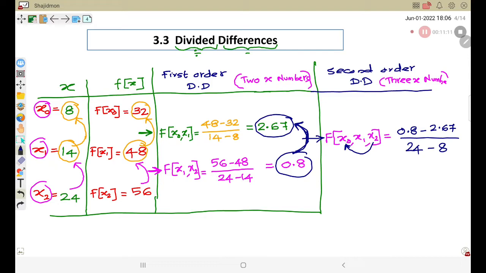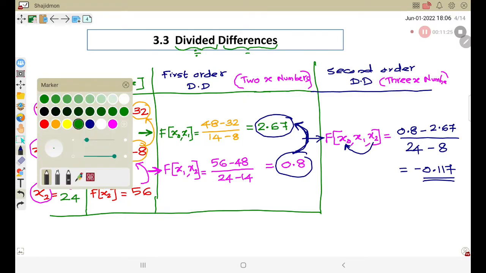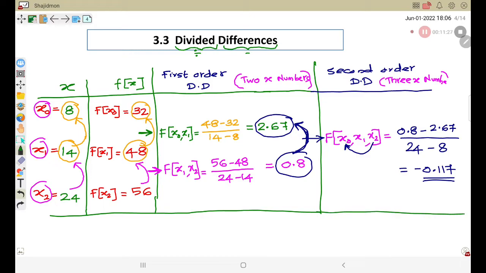You can check this in your calculator. You will get minus 0.117. So this number we call the second order divided difference in this table. This whole table we call the divided difference table corresponding to this data.